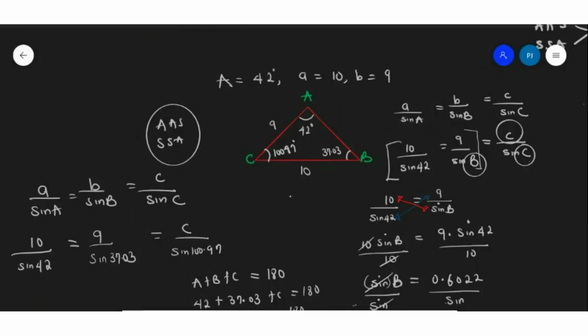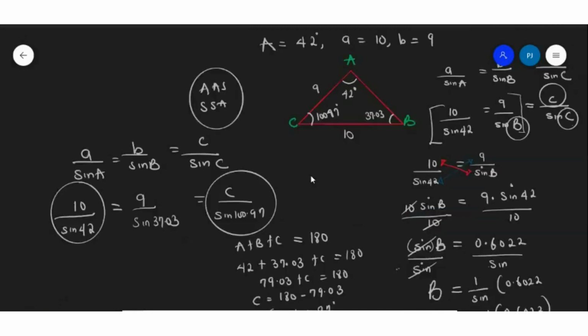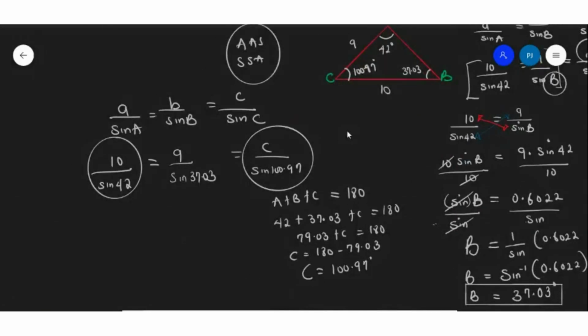So this is already my answer. I think I can just choose whatever one you want to use and then we can solve. But for me, I'm going to be picking this one and this one. I think this is what I want to use in finding the value for c.